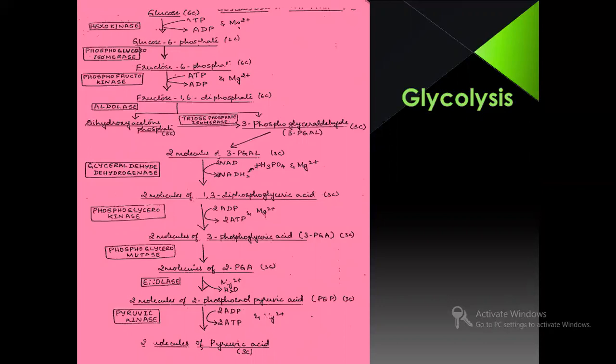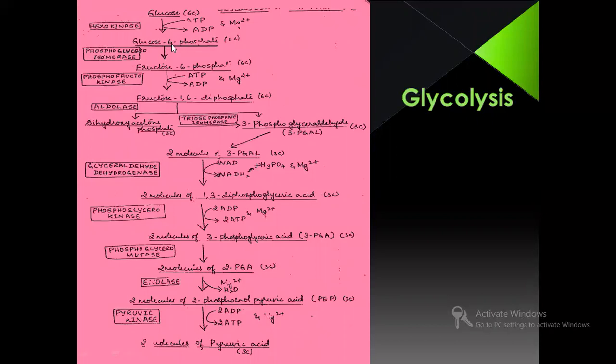Glycolysis is a linear sequence of reactions where a 6-carbon glucose molecule is converted into 2 molecules of pyruvate or pyruvic acid, which is a 3-carbon compound. This entire metabolic pathway takes place within the cytoplasm of cells of any organism.